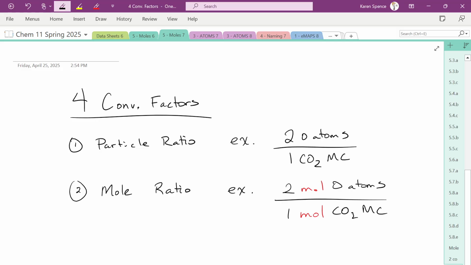What do you notice about the particle ratio and the mole ratio? They're the same. Particle ratio goes from particles of A to particles of B. Mole ratio goes from moles of A to moles of B.